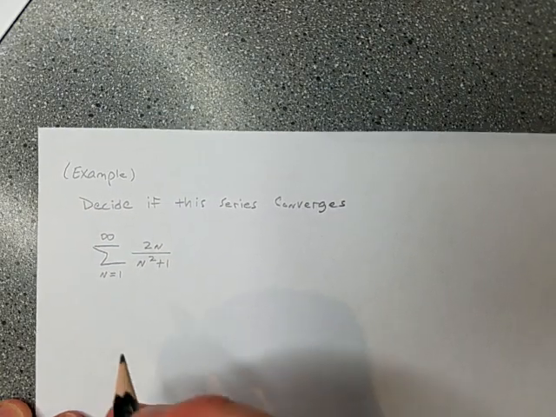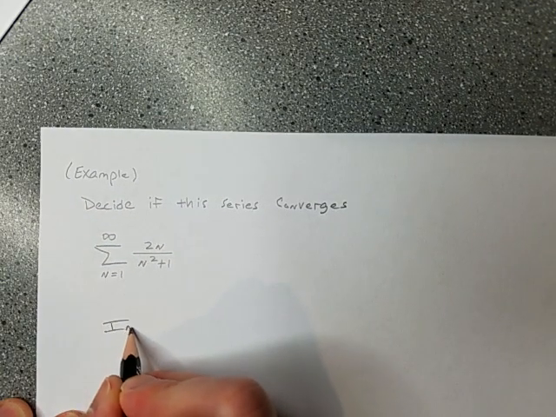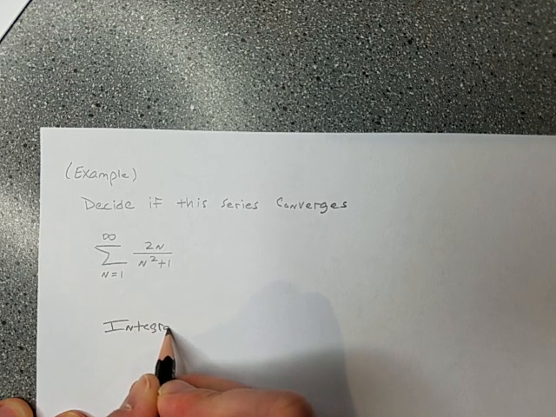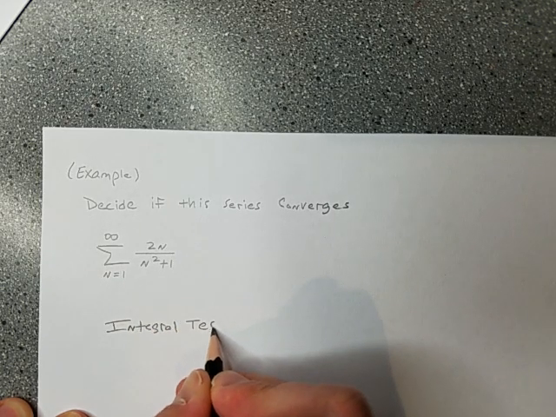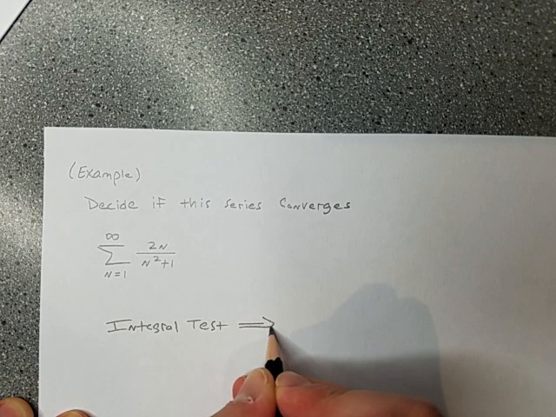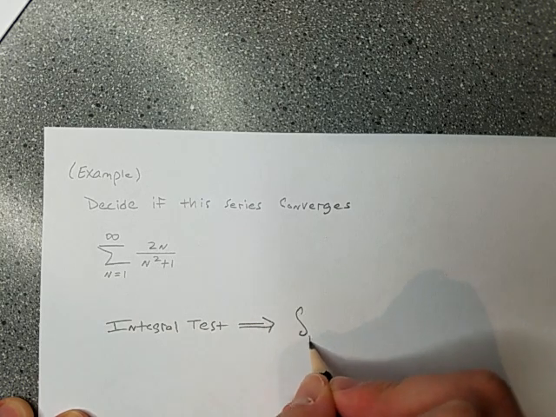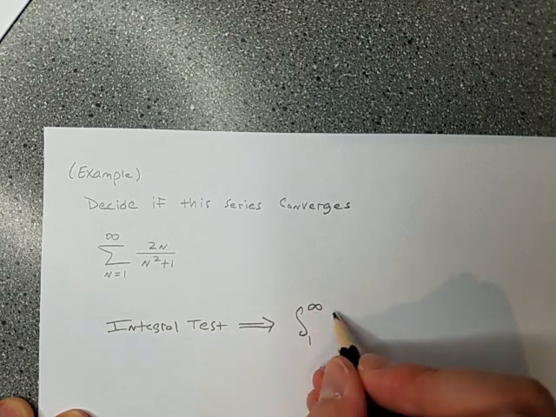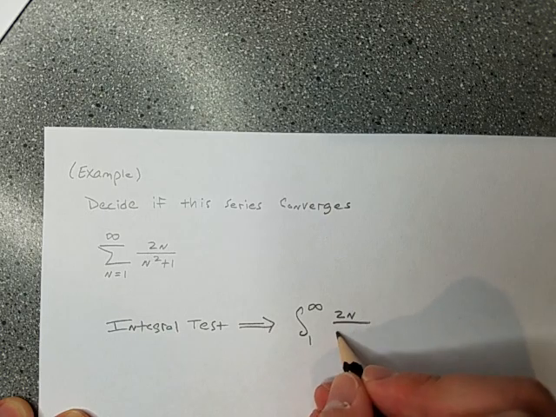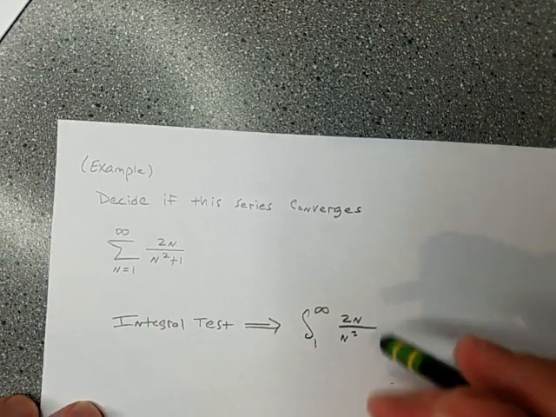So if we're here at this point, and we use the integral test, then that will involve doing this integral. 1 to infinity, 2n, and oh, let's use x. I'm sorry.